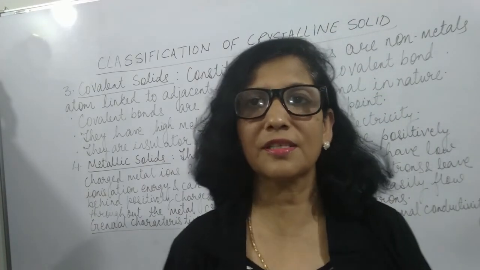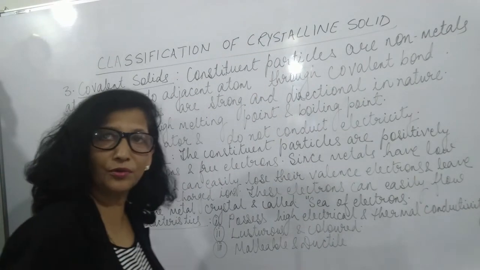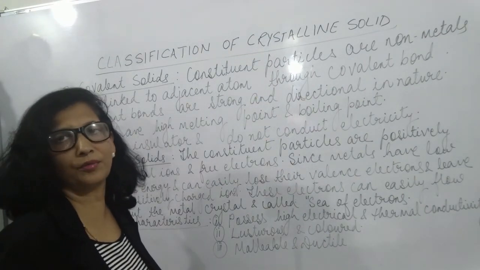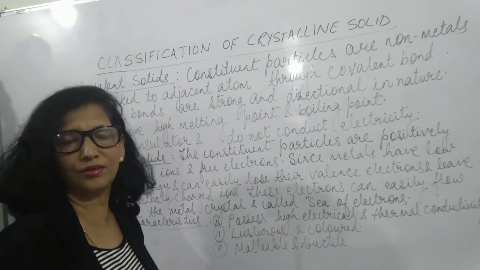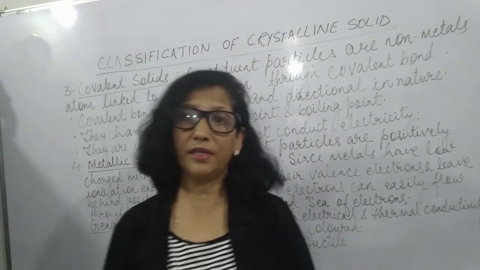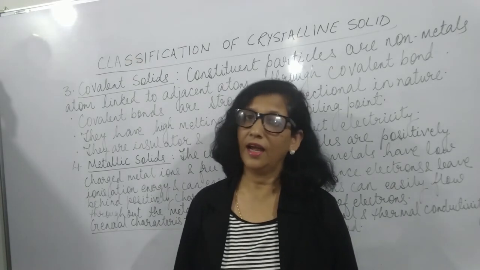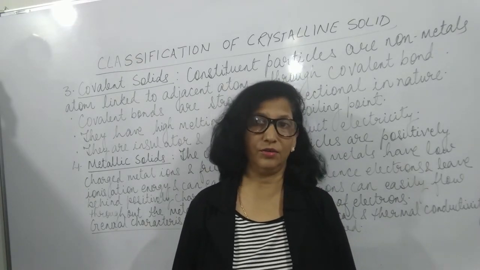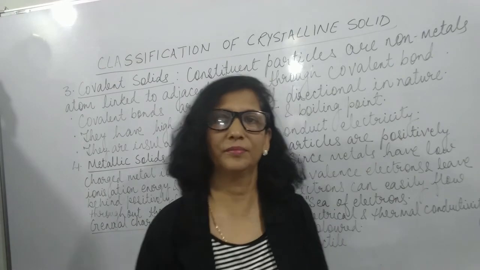These electrons flow throughout the metal, resulting in the formation of a sea of electrons. The force that holds the metal ions and the free electrons is called the metallic bond.